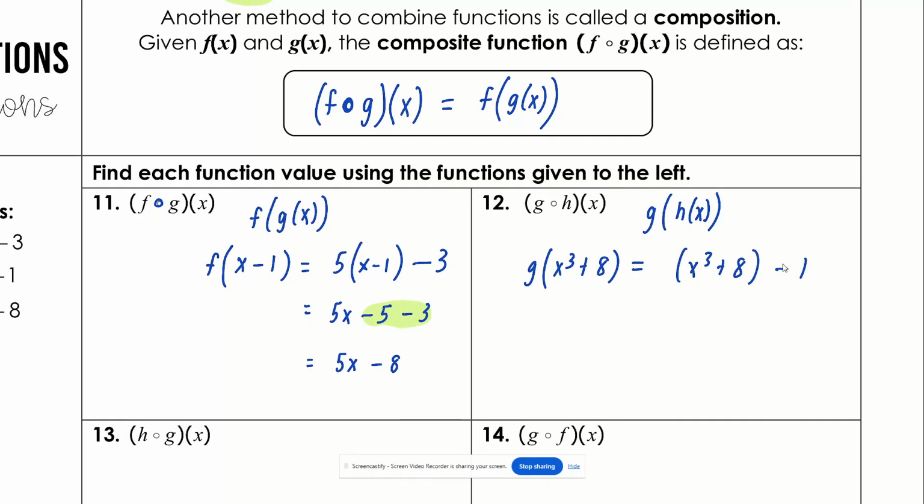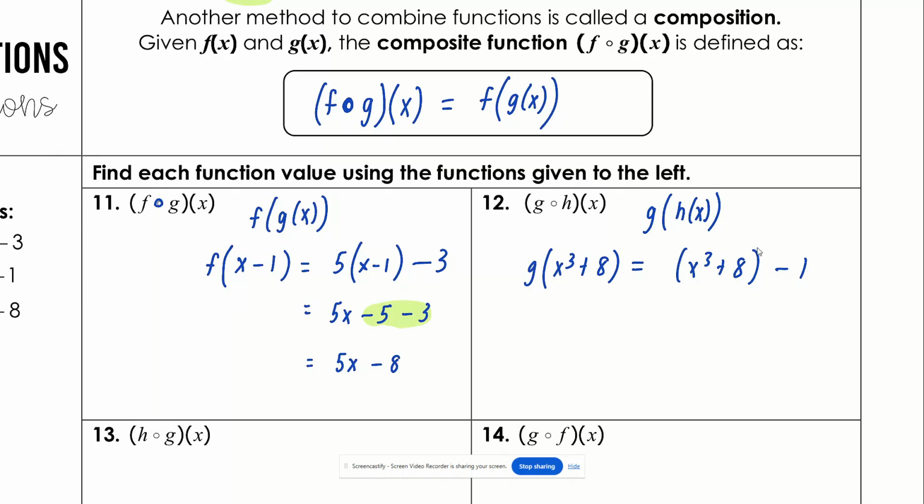Now, again, I put these in parentheses because I wanted you to picture I'm replacing x with my h of x. I'm taking my h of x function and I'm going to my g of x function, and every time I see x, I'm plugging in x cubed plus 8, my h of x.